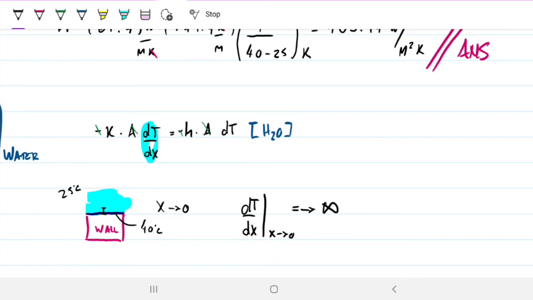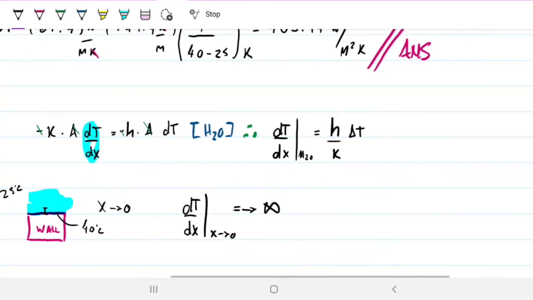If we want to find dT/dx using this equation, that means that my dT/dx for my water equals, just continue on that equation, h over k times delta T, or dT, right?